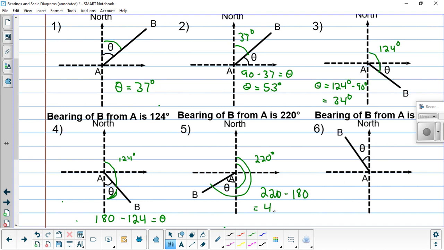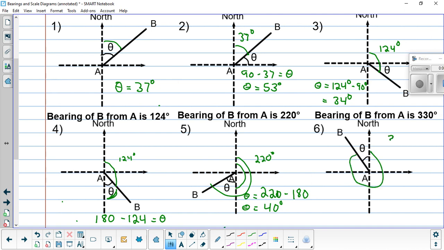So 40 degrees. And very last one we have here, B from A is 330, and we've done actually these a couple times before. So here we just take away from a full circle that 330, and we'll find that our theta is 30 degrees.